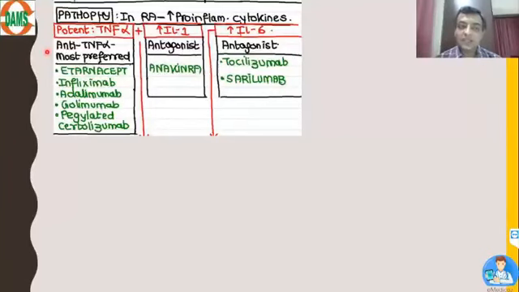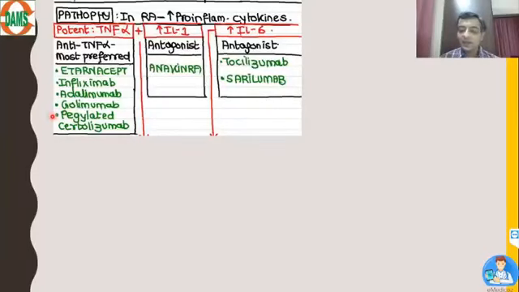Most preferred agents are the anti-TNF alpha agents. In the TNF alpha agents, we have etanercept, infliximab, adalimumab, golimumab, and the pegylated form certolizumab.